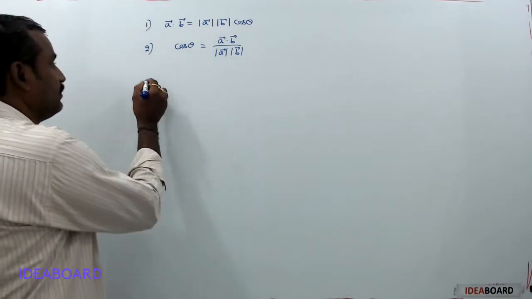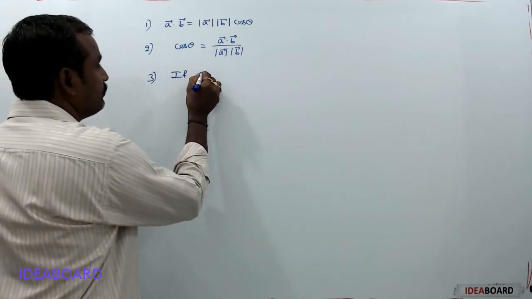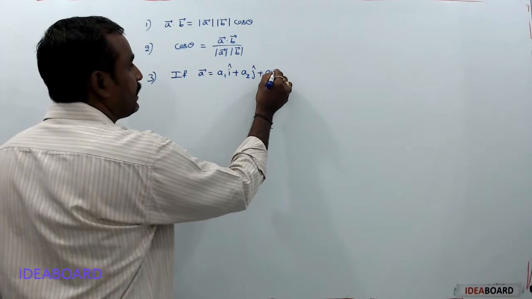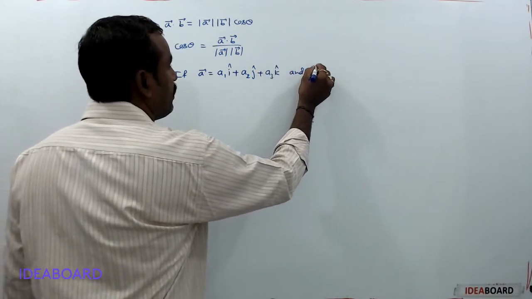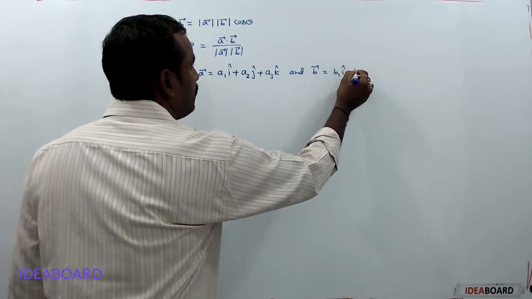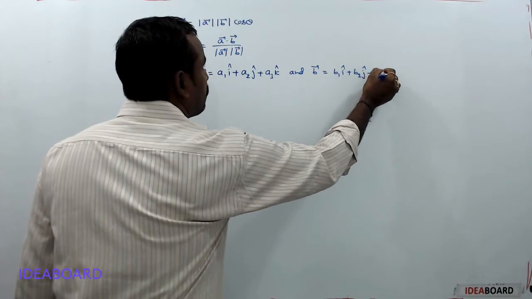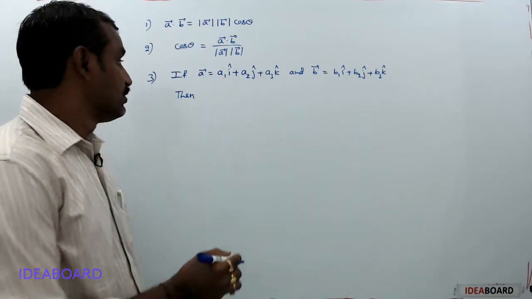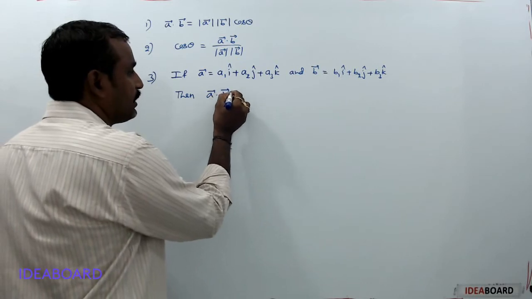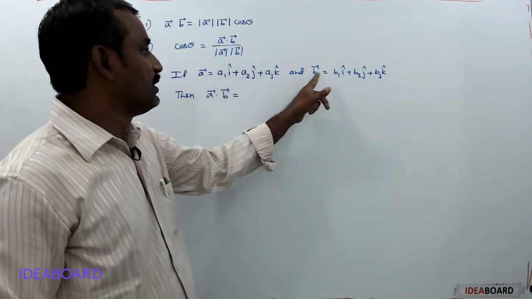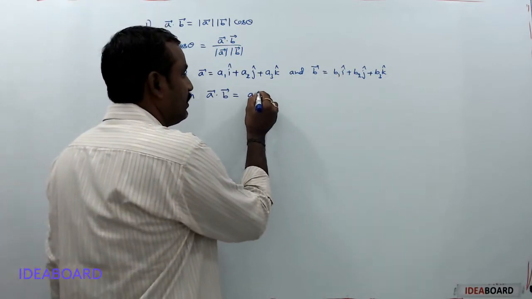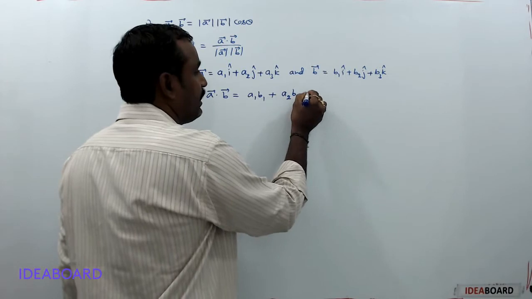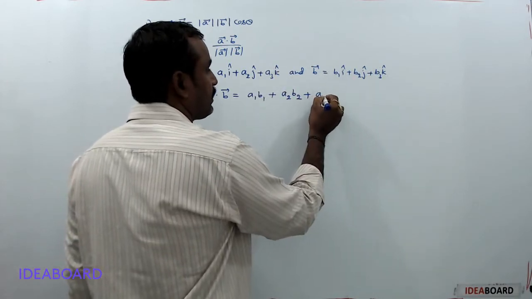Third one: if a bar is equal to a1 i cap plus a2 j cap plus a3 k cap and b bar is equal to b1 i cap plus b2 j cap plus b3 k cap, then the dot product a bar dot b bar, as we learned yesterday, is the product of the scalar components of i, a1 b1, plus the product of the scalar components of j, a2 b2, plus the product of the scalar components of k, a3 b3.